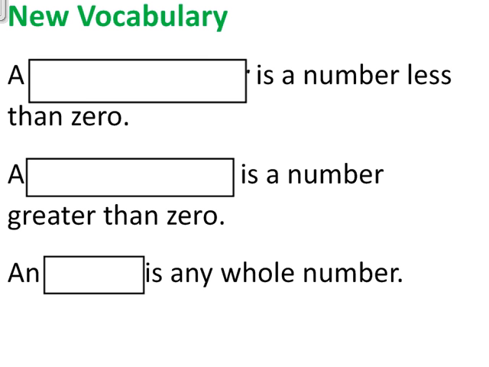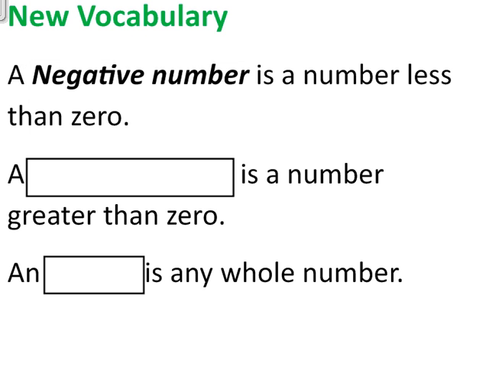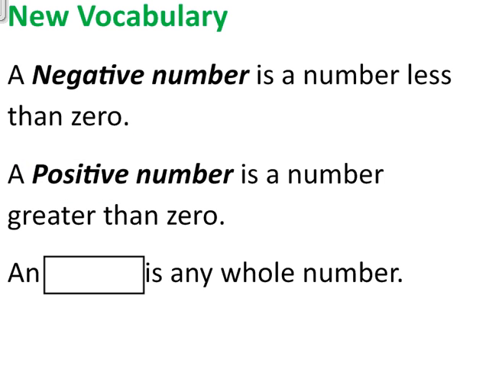We have some new vocabulary to cover. A negative number is a number less than 0. A positive number is a number greater than 0. Another definition: an integer is a whole number.